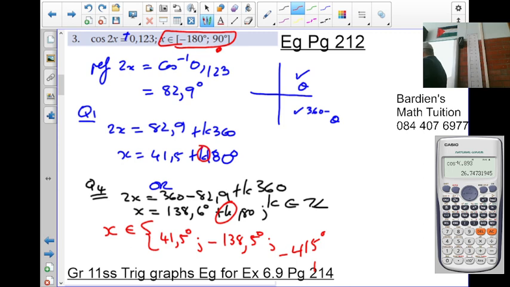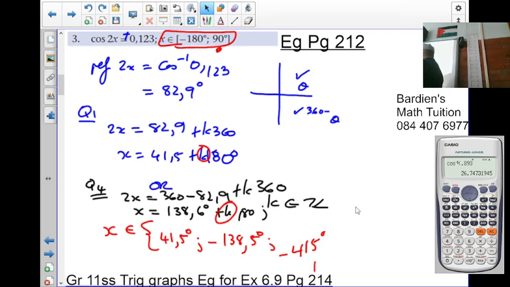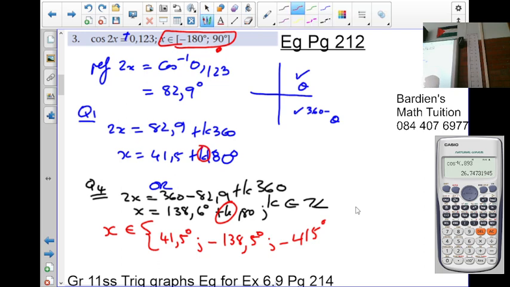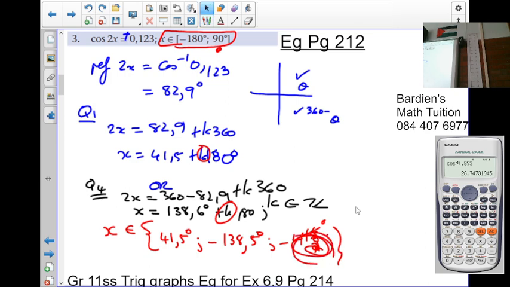Is that inside or outside? Inside. Now you put minus 2 in. It's outside. Okay. So that's where we stop. So the answers are 41.5 and negative 41.5.